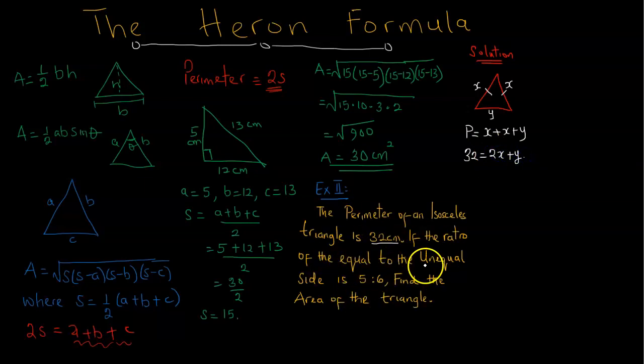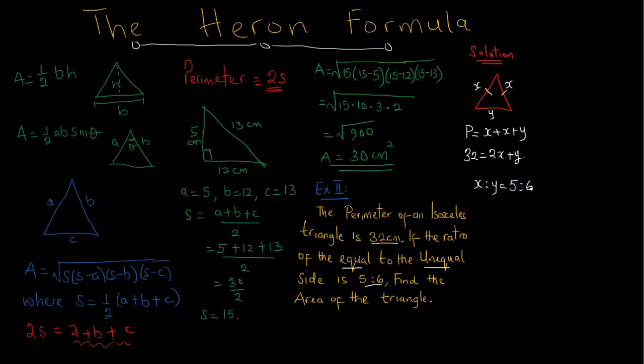Now we have that the ratio of the equal to the unequal side is 5:6. Now, these are the equal sides. The length of the equal sides are each x centimeters. So what that tells us is that x ratio y, this is the ratio of the equal to the unequal side, is equal to 5:6.